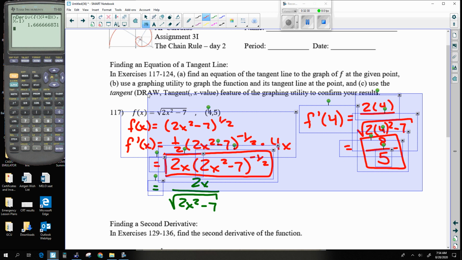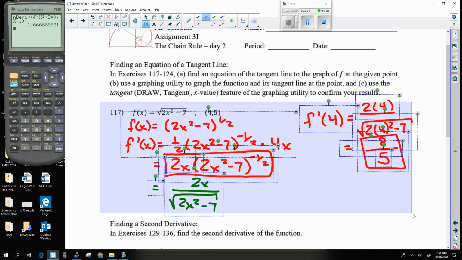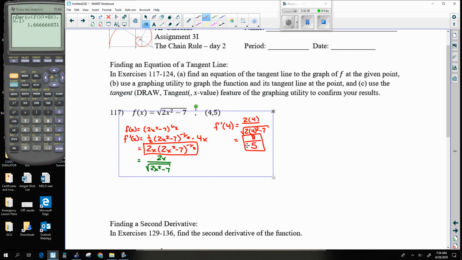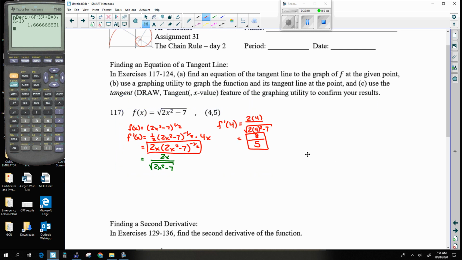Okay, we're not quite done with the problem, so relax, we're not there yet. So now here comes the coup de grace. We want to know what is the equation of the line. So y minus y1 is equal to m times x minus x1.